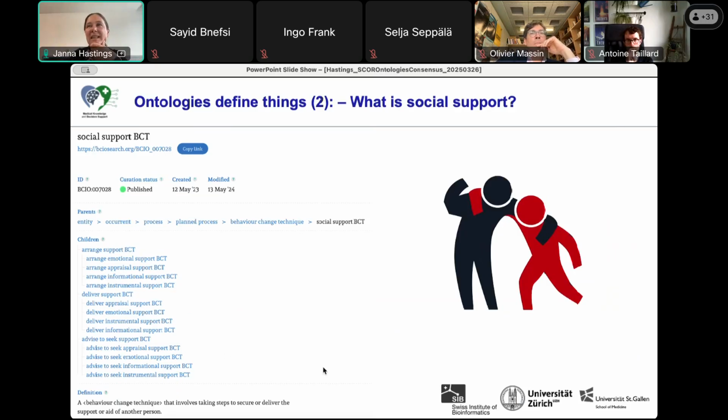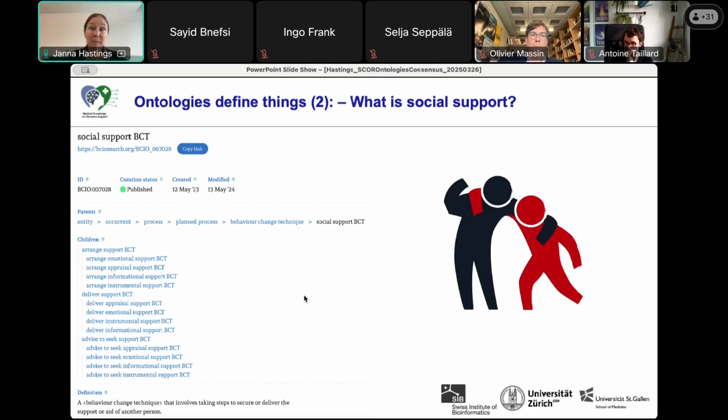And then there is another dimension, which is, has the investigator, because we're talking about research, so usually there's a study provider, have they given the social support, or have they just got somebody else, maybe a family member, to give the social support? So is the support delivered, or is it arranged, or is it just advised, which seems like quite far removed from the actual social support which happens in the end?